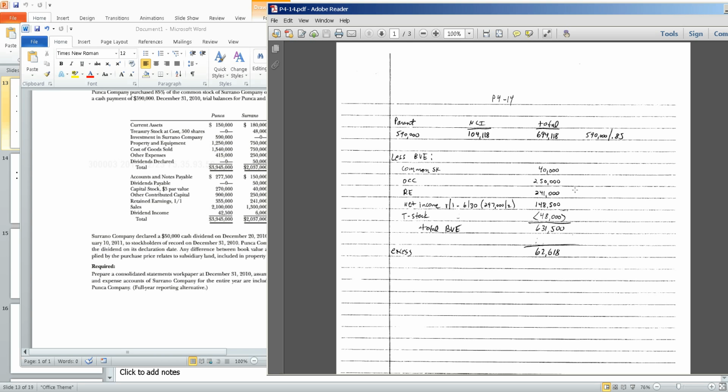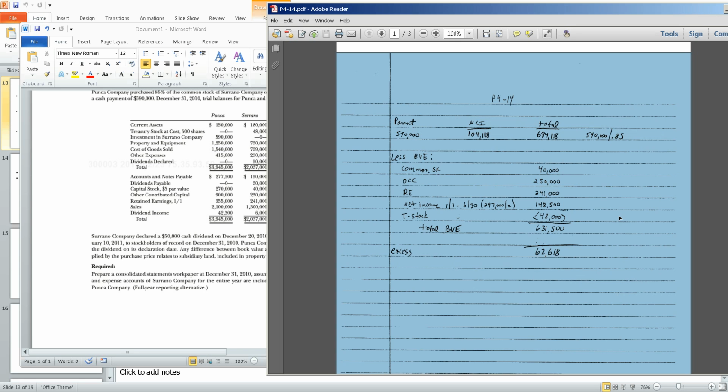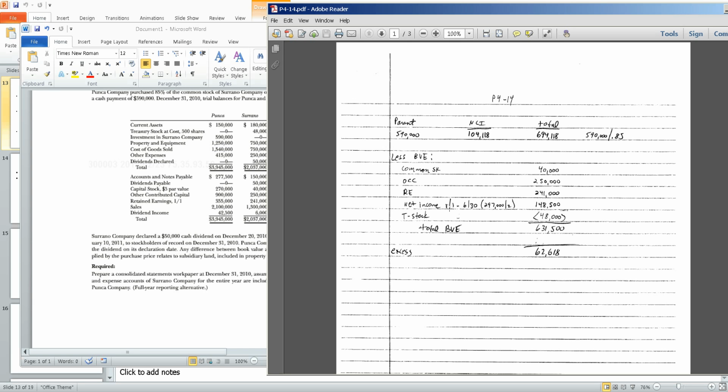The one thing that's new here is this subtraction for the net income of the sub from the beginning of the year up through the acquisition date.